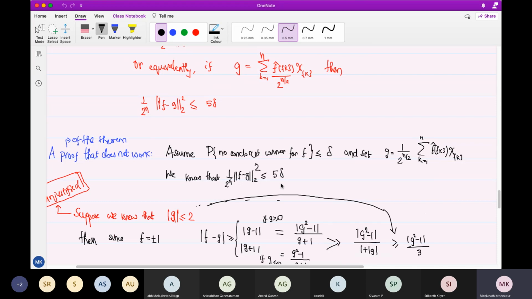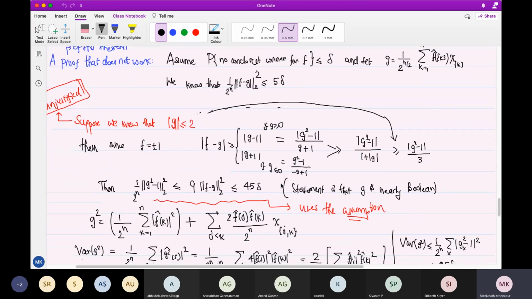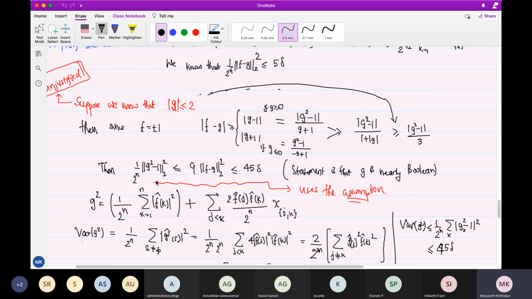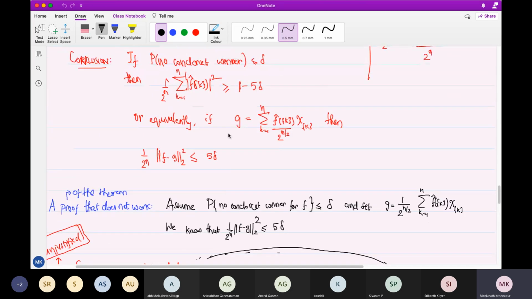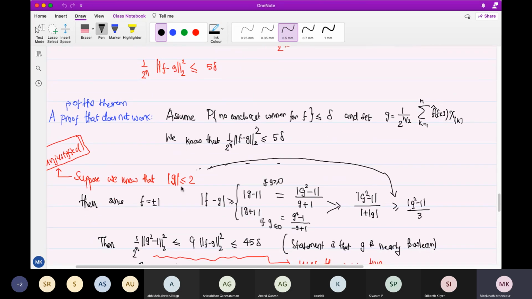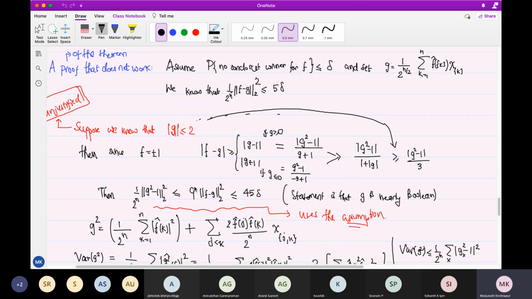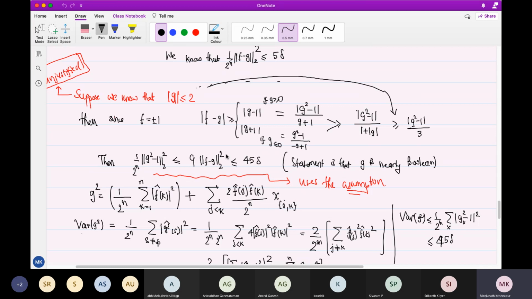Already a little bit of groundwork was done for that also. I gave you a kind of heuristic, not a proof, that if you assume g is bounded, g is not a Boolean function and actually it can be quite large also, but if the absolute value of g is less than or equal to some fixed number, then we can actually show that g squared minus 1 is bounded by f minus g squared, and so that will be small.